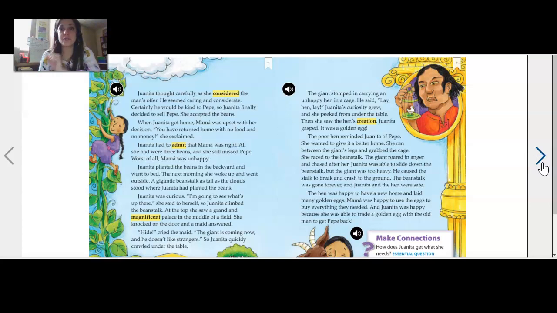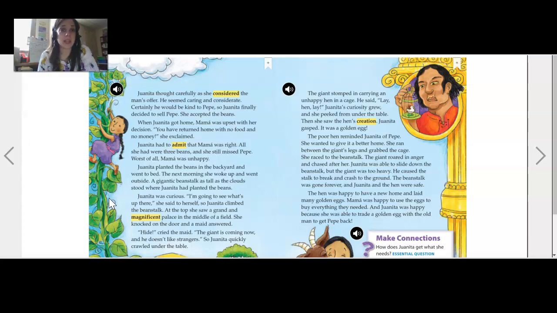All right, there's one feature of a fairy tale, those magical beans. Notice these illustrations. I see a magical setting, a beanstalk growing from ground to sky. So we have magical events taking place, a magical setting, and Juanita and her mom are not real characters.